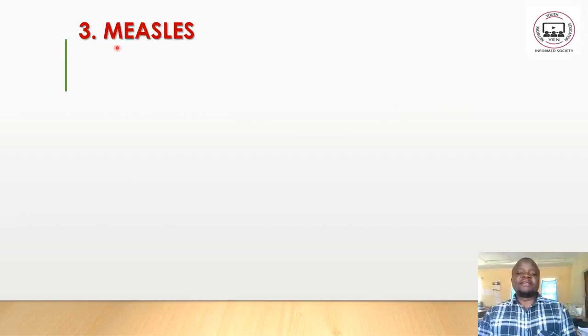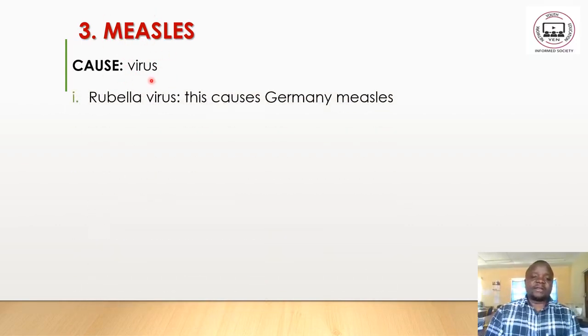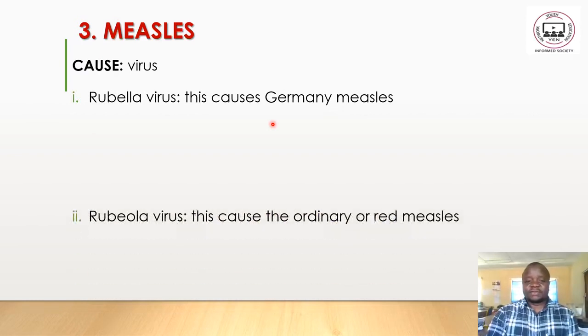The third viral disease is measles. Measles is caused by a virus. We have rubella virus, which causes German measles.